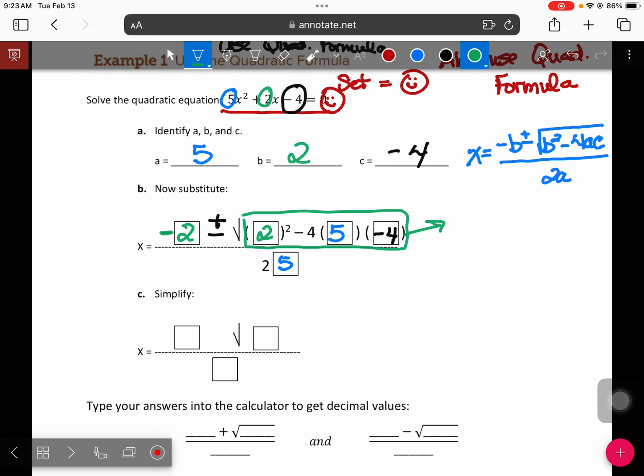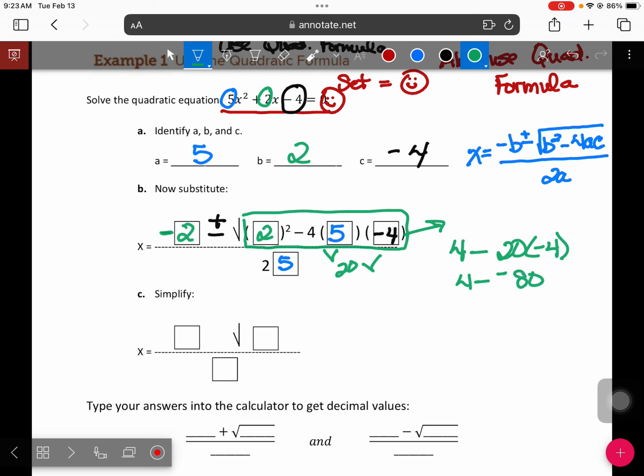What is 2 squared? 4 minus, what is 4 times 5? 20. And what is 20 times -4? -80. So this is 4 minus a -80.